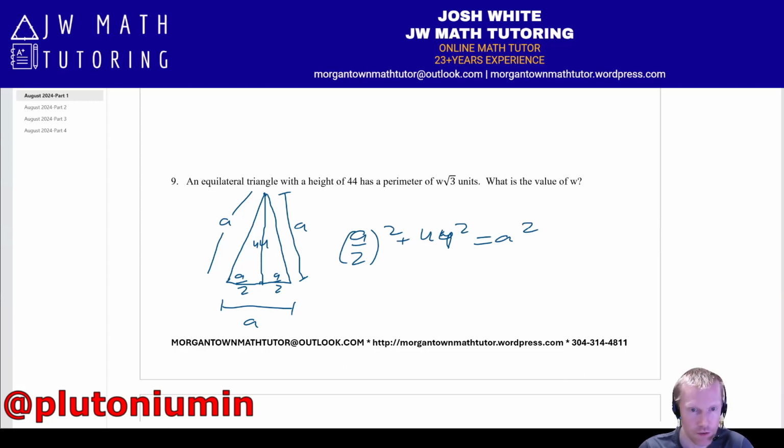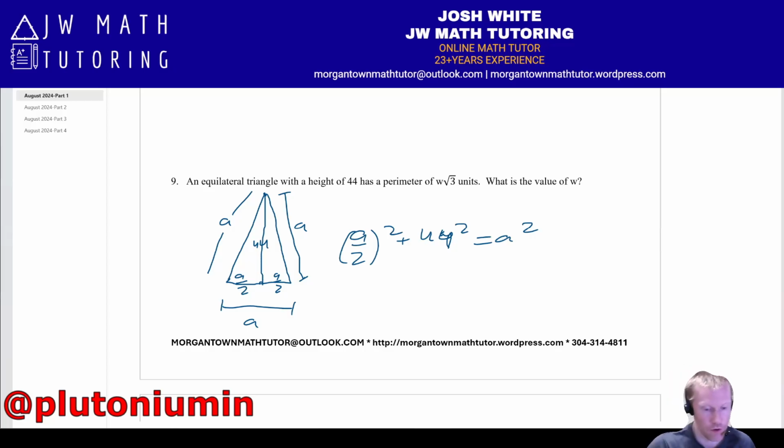You solve this for a. Then you multiply that by 3, and then you set that value equal to w root 3. And to solve for w, you can just divide that value by root 3, and that will give you your answer.